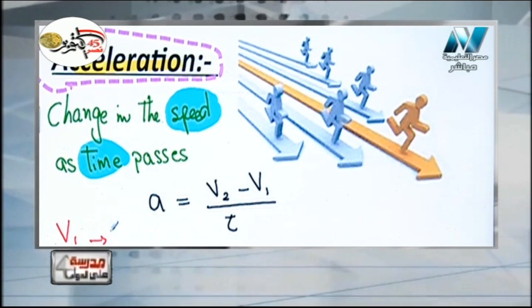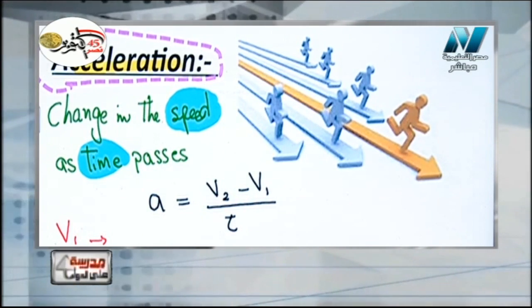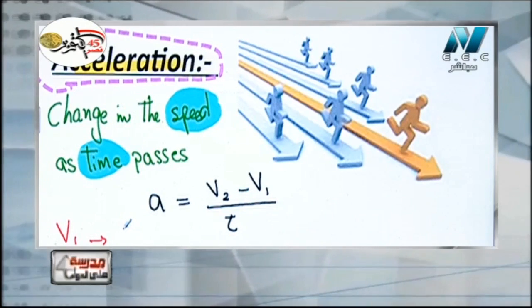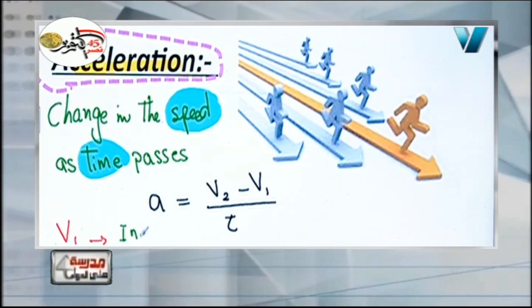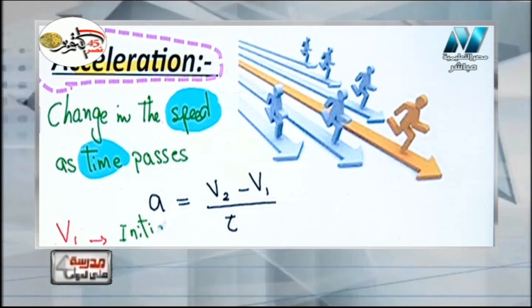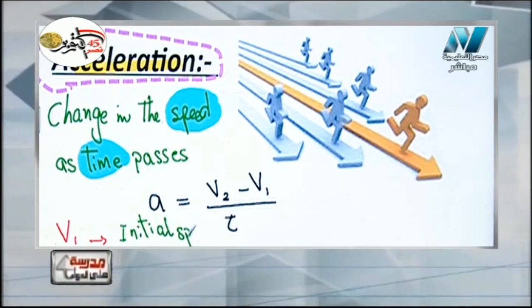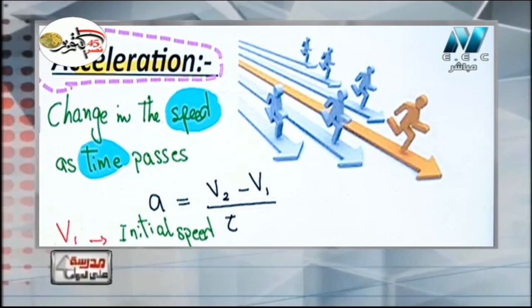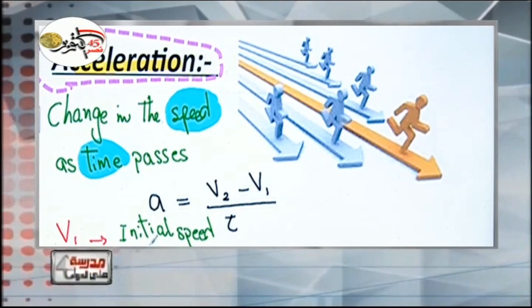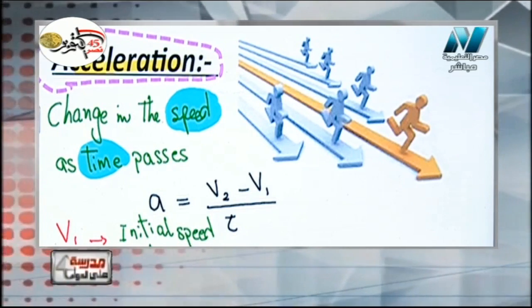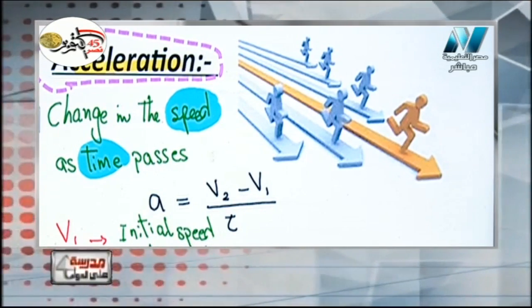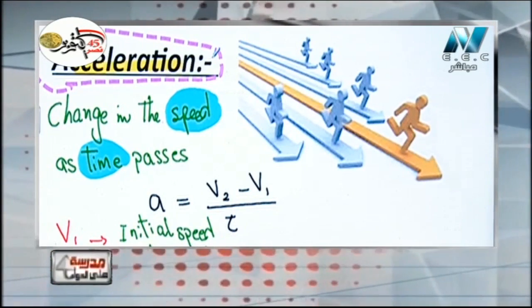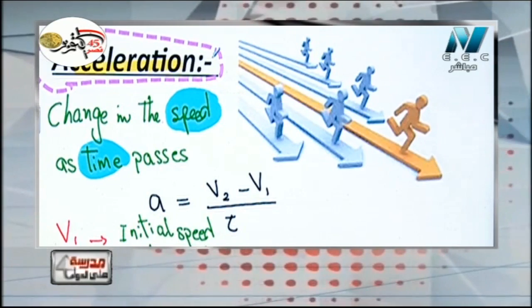Number one, V1 is the initial speed, the speed it started with. And V2 is the final speed. So we have two speeds: one is the initial speed and one of them is the final speed.